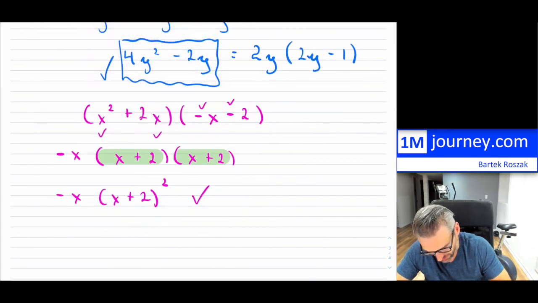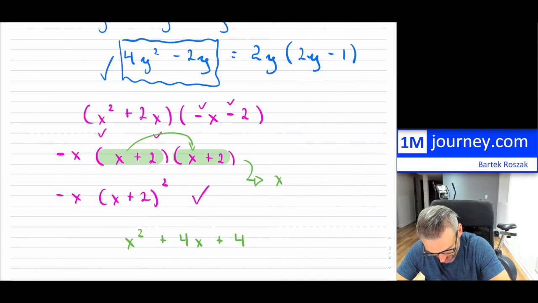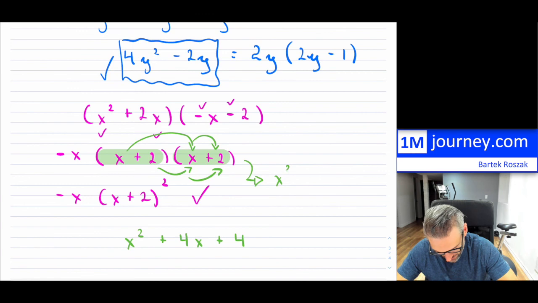And from there, what we have is x squared plus 4x plus the 4. That comes from just distributing across right here. You can check that for yourself. So x squared plus 2x plus 2x plus 4. And that's how we got that.